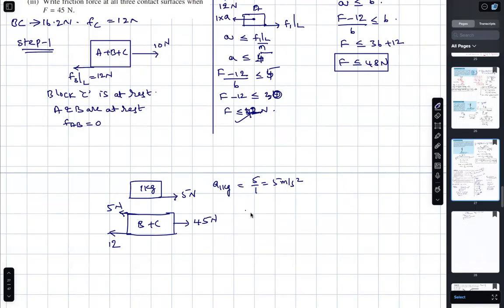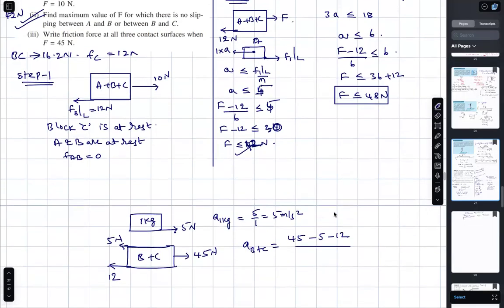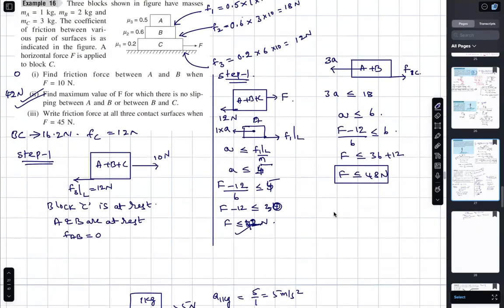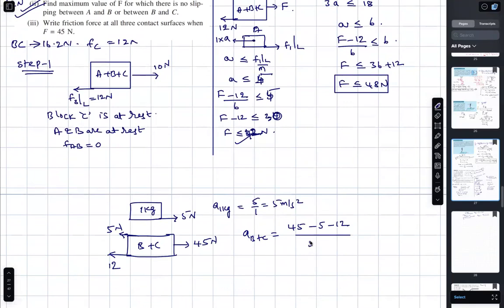So the acceleration of the B plus C system is 45 minus 5 minus 12 divided by the mass of this system, 2 plus 3, 5. That is 40 minus 12, which is 28. 28 by 5, and this is going to be 5.6.